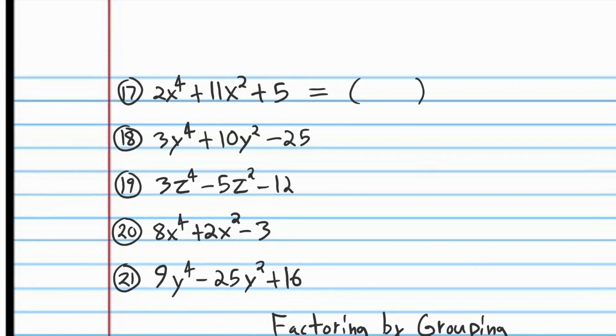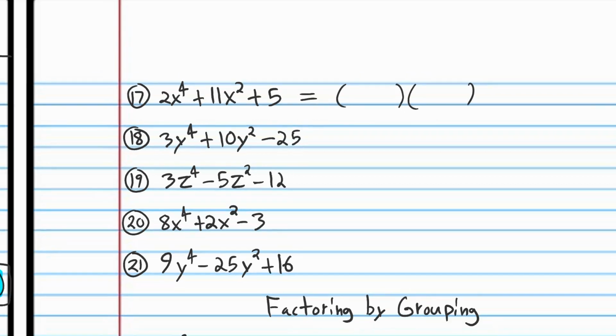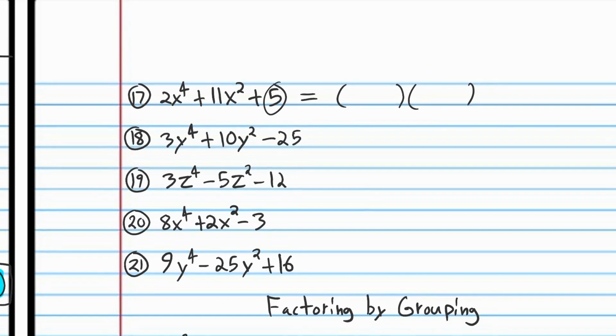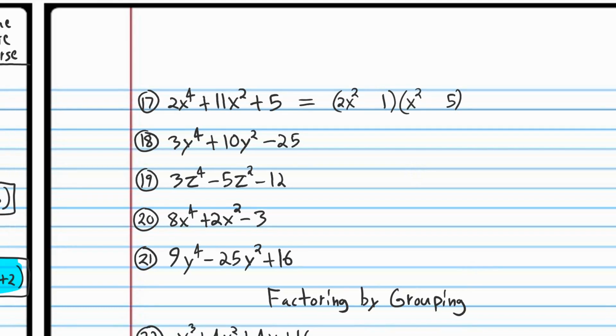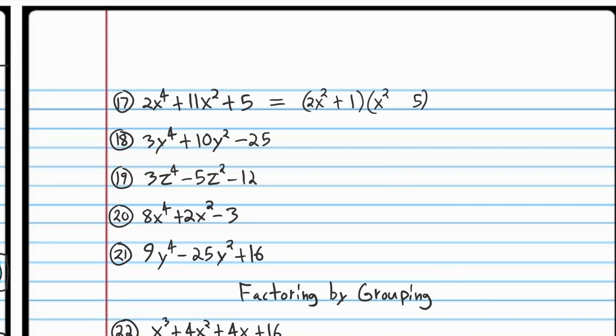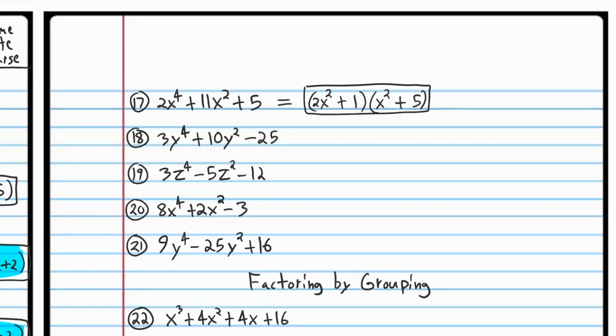So we're going to have to ask what two numbers multiply to 5, and that would be, of course, 1 and 5. That's the only option. But we're also going to have to ask what two numbers multiply to 2, and of course that would be 2 and 1. And they're going to be plus signs, which I think is pretty much as far as we can go.